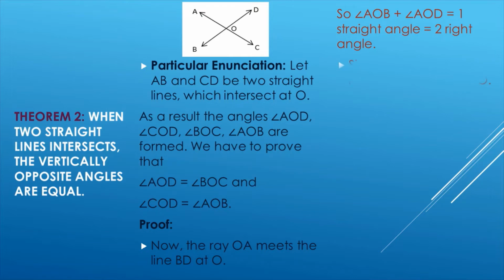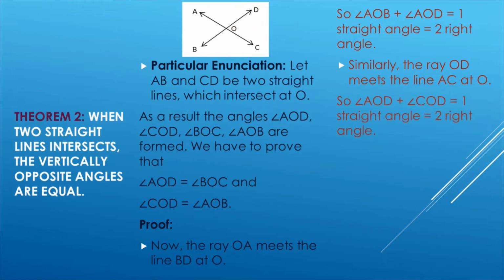So again, my dear students, similarly the ray OD, as you can see, OD meets the line AC at point O. So in here we can also write the same thing. So angle AOD and angle COD, that is one straight angle, equals two right angles.